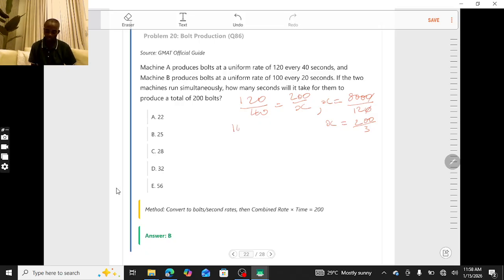So 100 every 20 seconds: 100 over 20 equals 200 over Y. What is Y now? Y equals 400 over 100, right? Yes, 4.